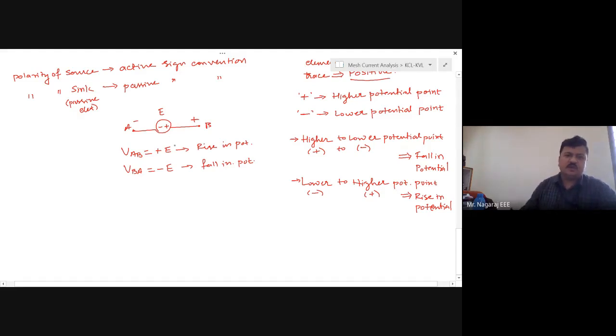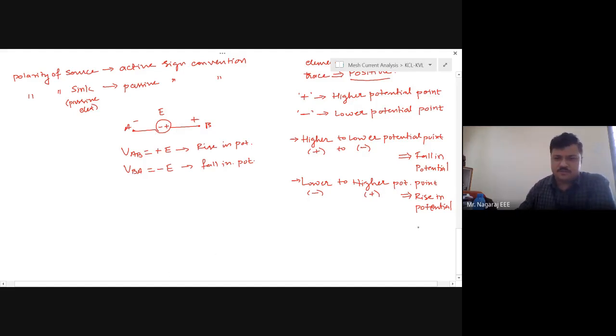When in a circuit we connect a voltage source, and if it is a DC source, we always have the exact definition of higher potential point and lower potential point. In AC, the point of the source is always considered as higher potential point, and the point of the sinks are always considered as lower potential points. So there is no confusion in understanding the polarity assignment across the active elements.